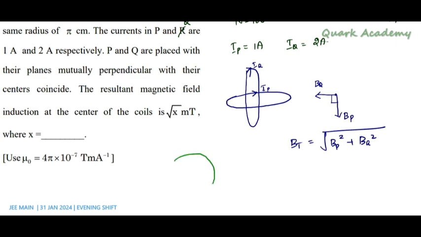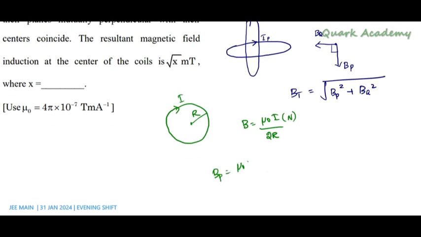First of all, if you have a coil and some current I is flowing in that coil, and the radius of the coil is R, then the magnetic field at the center is mu naught I by 2R. In case it has n number of turns, then you have to multiply with n. So using this formula, we will find it.